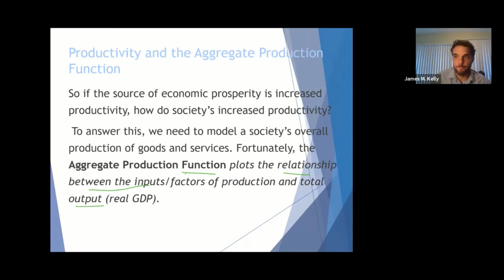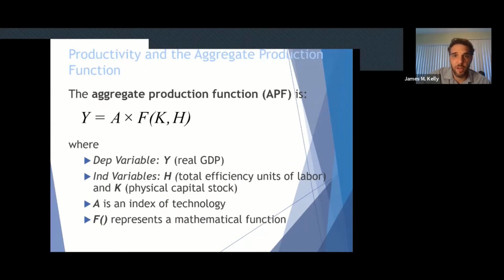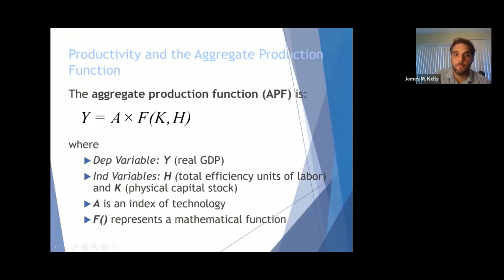This model has multiple inputs. The aggregate production function is generally stated. There's not a specific functional form given to the aggregate production function. Okay? All we say is that it is some function, some relationship between capital and what we call efficiency units of labor.